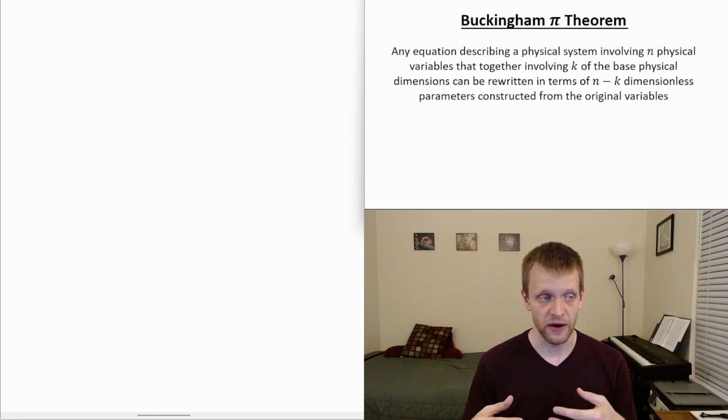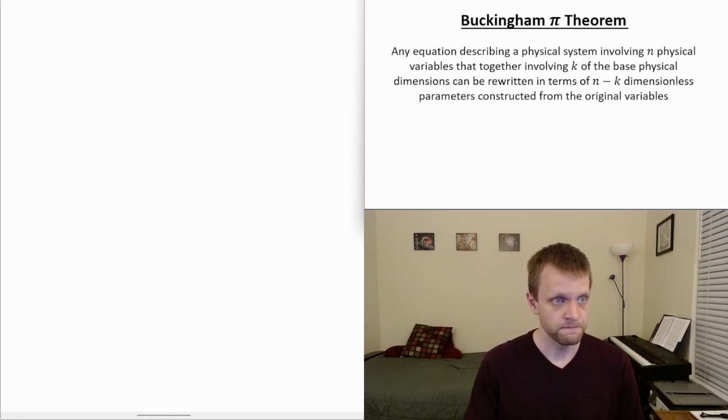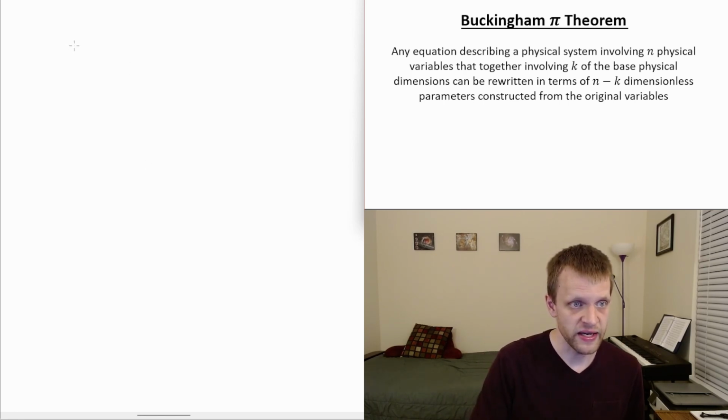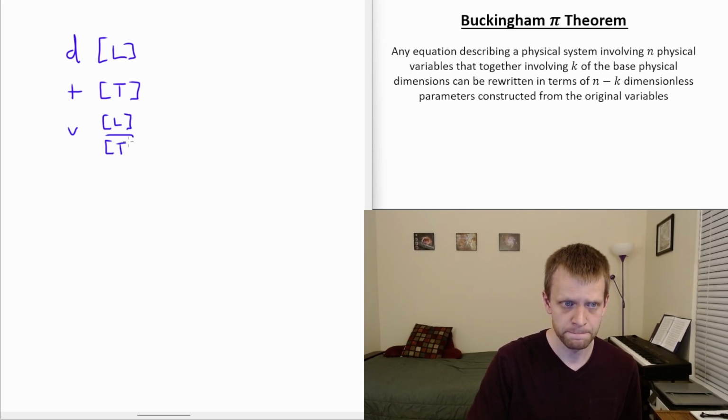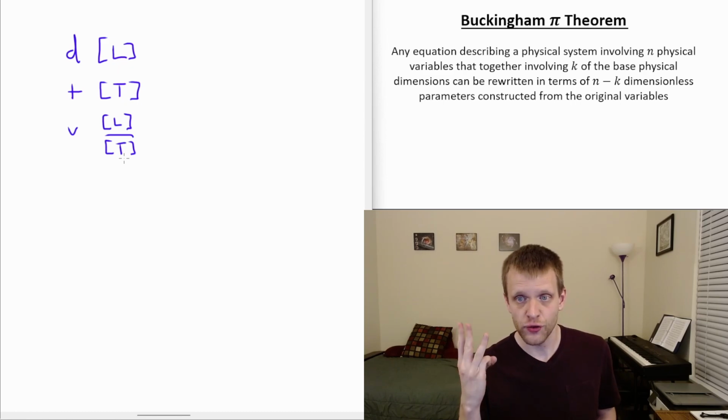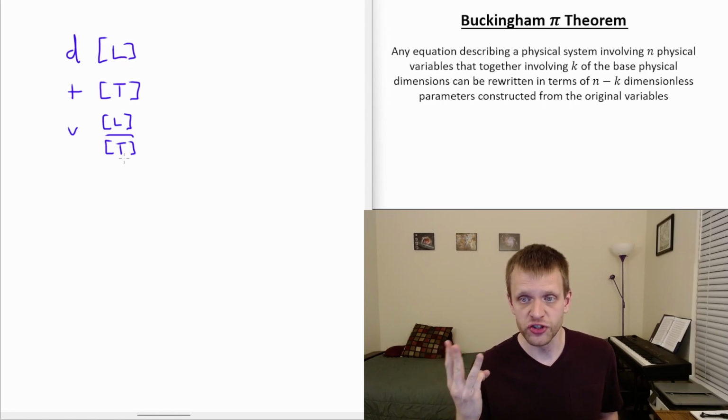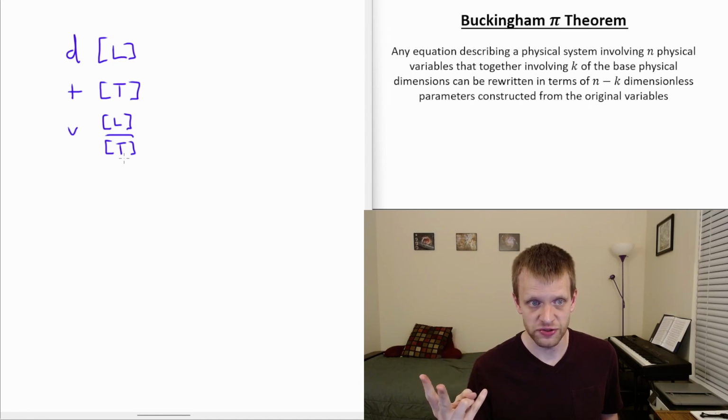So for example, if I have a distance L, some distance in units of length, and I have some time, dimensions of time, and I have some velocity, which would be a length divided by a time. So that's 3 parameters, and ultimately there are only 2 of those base physical dimensions, just length and time.